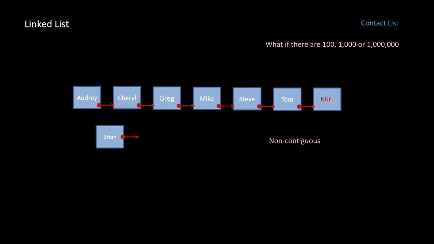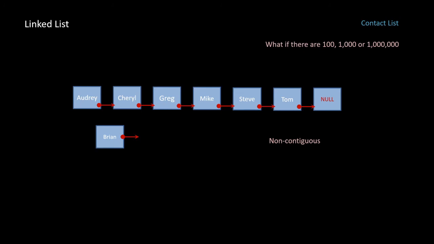So a point that I'd really like to make here, talking about the array or vector versus this linked list, is that the vector or the array, like I said, is contiguous, meaning those items. So for example, if we're using Audrey and Cheryl and Greg, if we put them all into an array, they would be right beside each other. The first element would be where the address is being held.